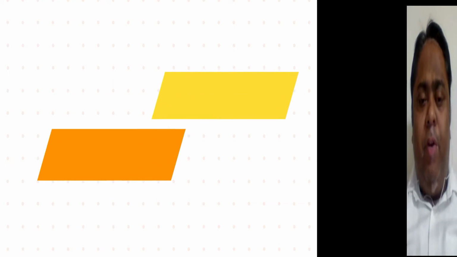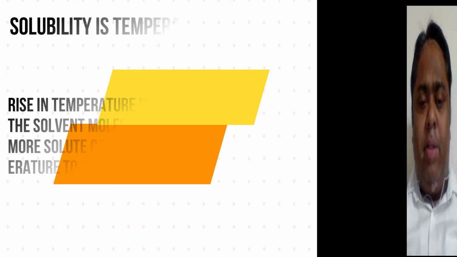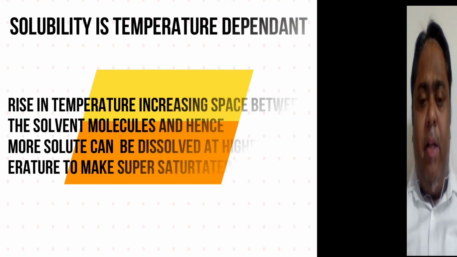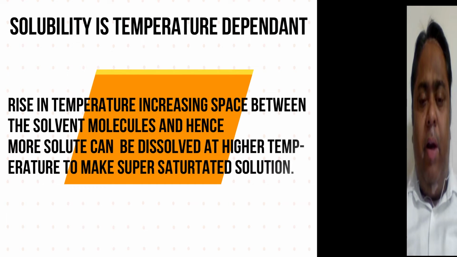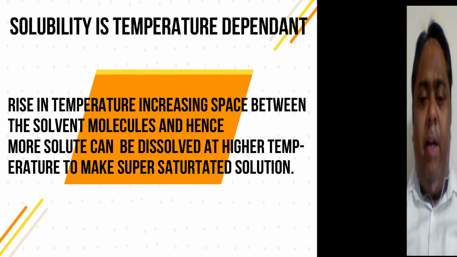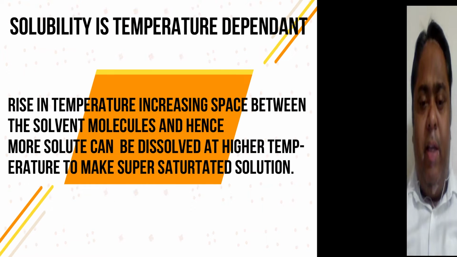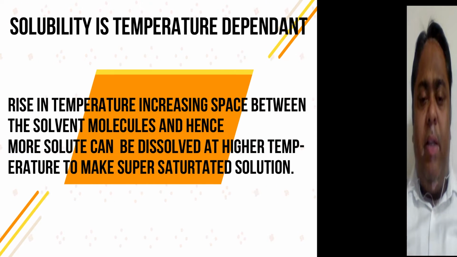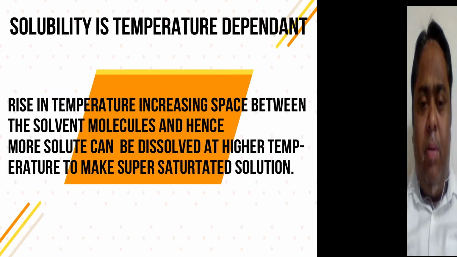But if we warm the solution slowly, then the particles of water will go a little away from each other and the interparticular space will increase. Due to the increase in the interparticular space, more salt can be dissolved. In that case, at a higher temperature, when more salt is dissolved in a solvent, such a solution is called a supersaturated solution.